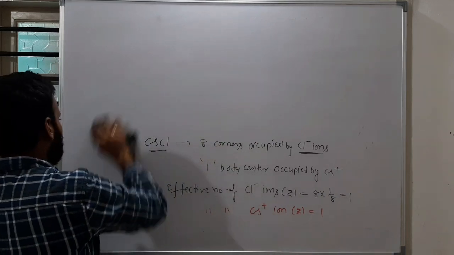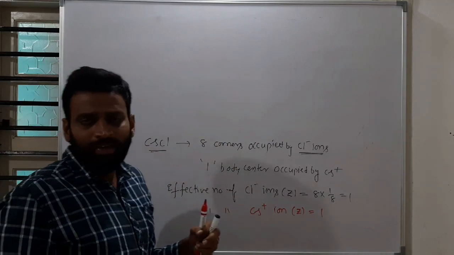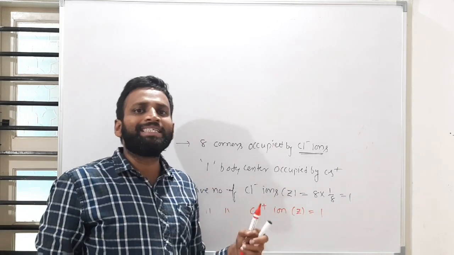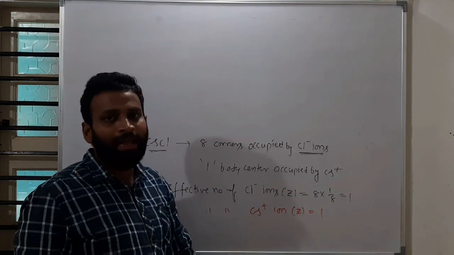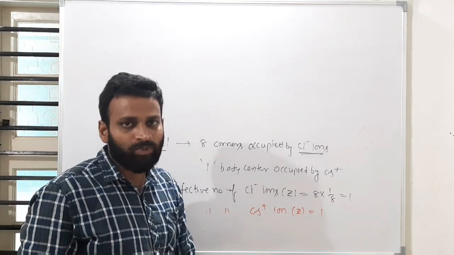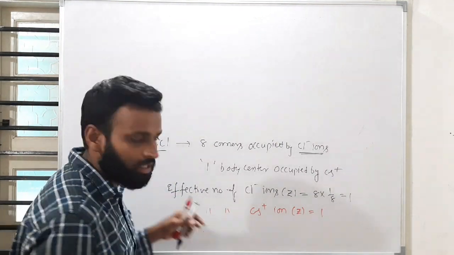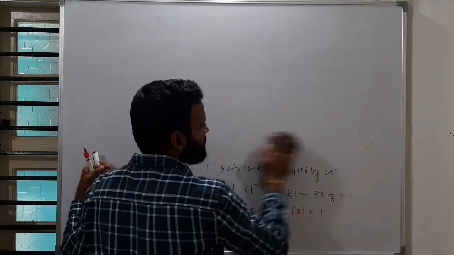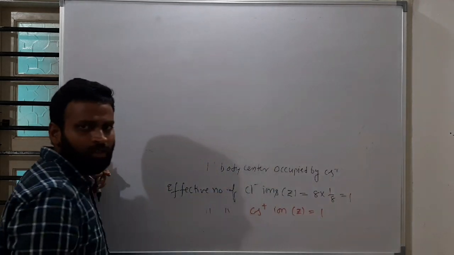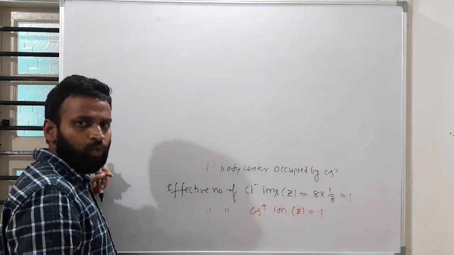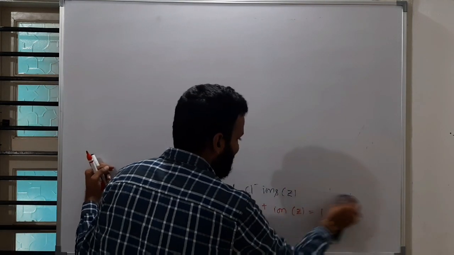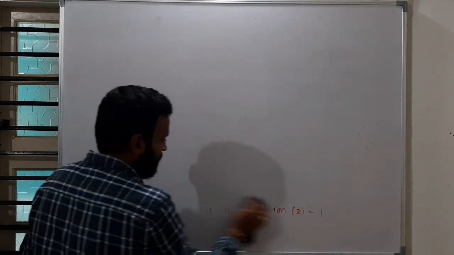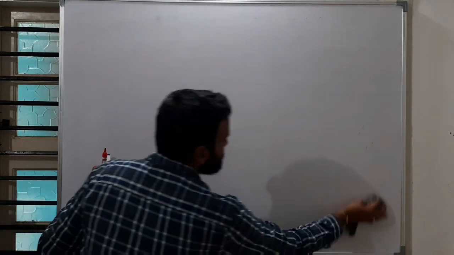Effective number of atoms in cesium chloride means you have one Cl minus and one Cs plus. So total 2. So like BCC, in BCC effective number of atoms how many? 2. Like that only you have to consider. Okay. Now let's see one numerical based on this.